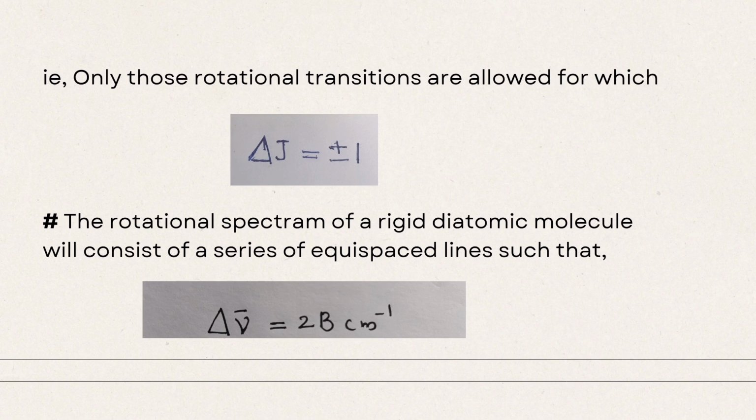The rotational spectrum of a rigid diatomic molecule will consist of a series of equispaced lines such that delta nu bar is equal to 2B centimeter inverse. Here nu bar is the wave number.